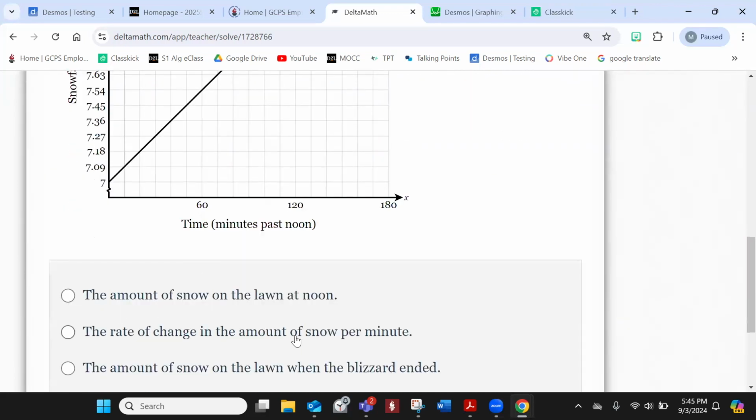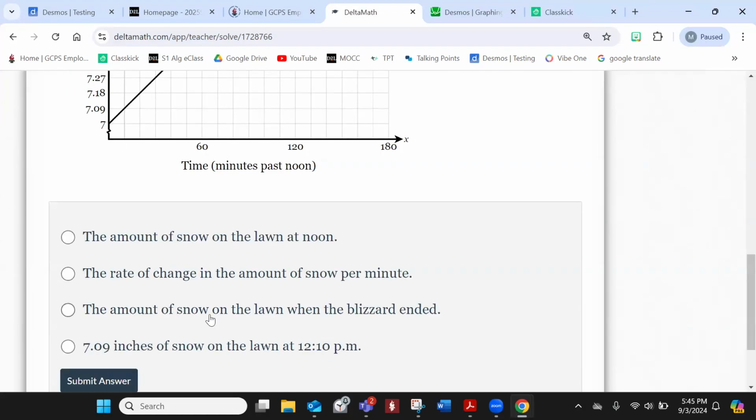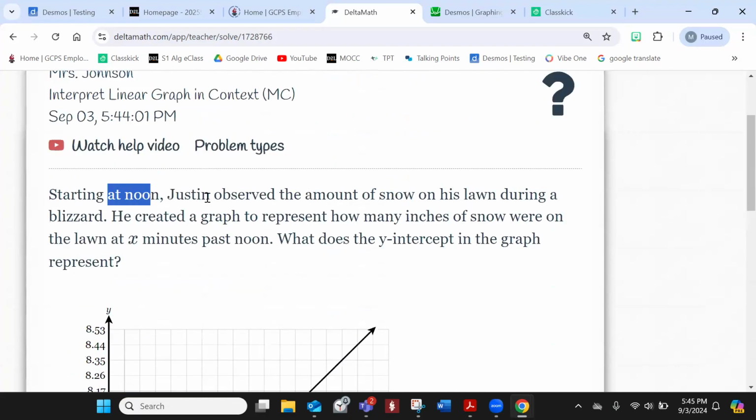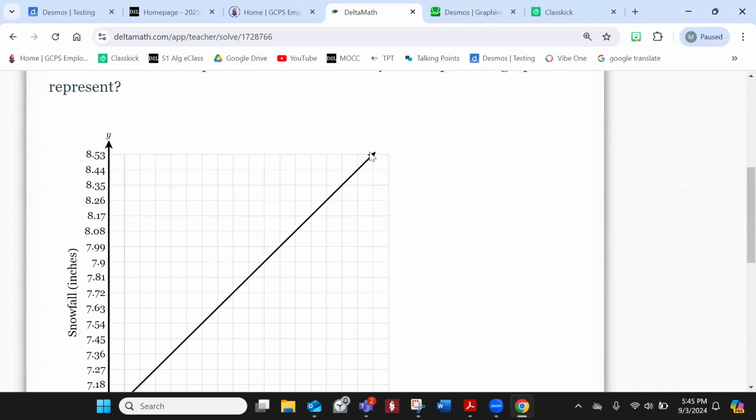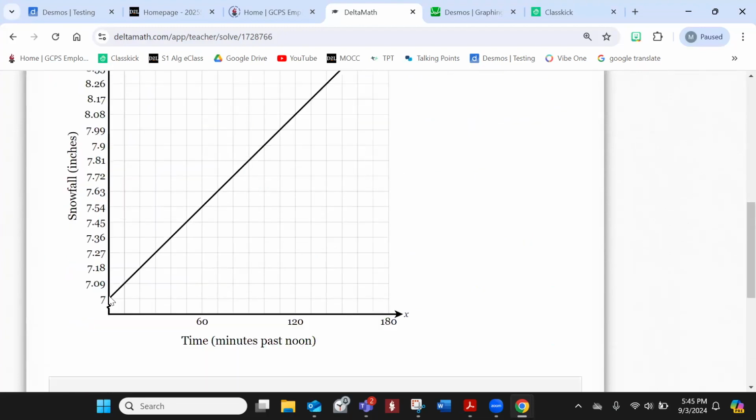The rate of change, well, we know the y-intercept is not the rate of change. That's our slope, so that's wrong. The amount of snow on the lawn when the blizzard ended. Okay, well, here's the thing. It says, starting at noon, Justin observed the amount of snow on the lawn during a blizzard. So we don't know when it ended, and here's why, because here's the arrow. We just know this is where it started.